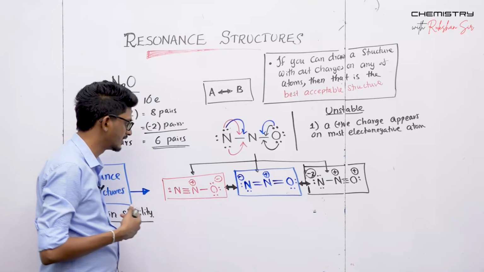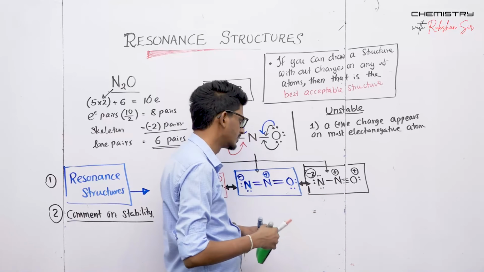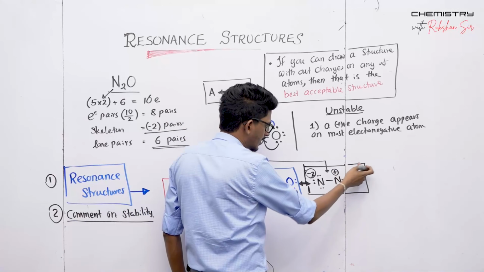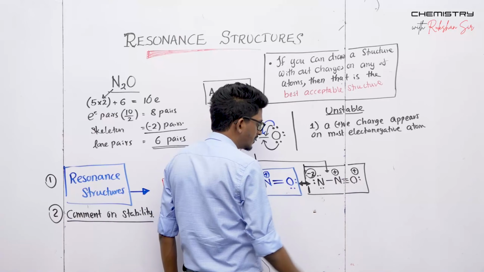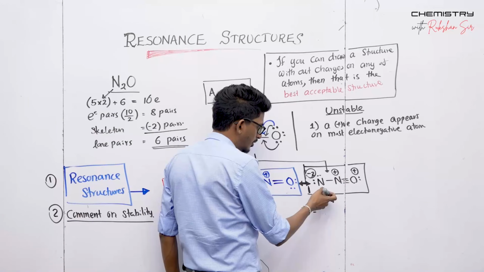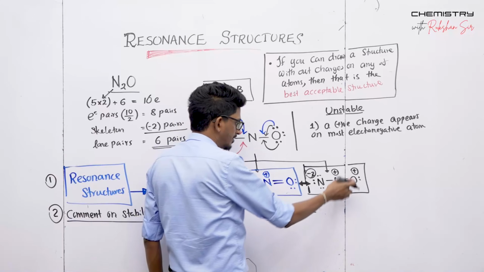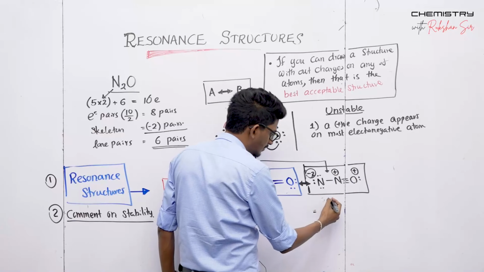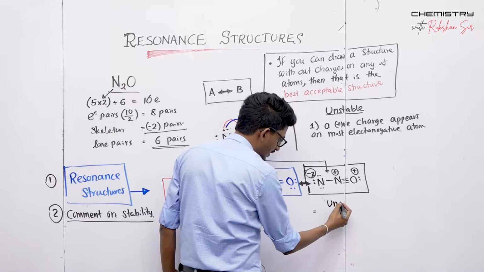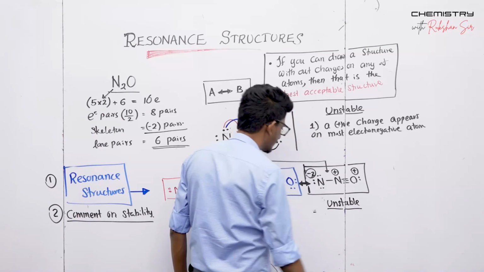So we have such structures here. See, this one is unstable, this one is unstable. The most electronegative atom of this compound is oxygen. Nitrogen has an electronegativity of 3.0, oxygen has 3.5, so oxygen is the most electronegative, but it is bearing a positive charge. So that is unstable. So you can comment this structure as unstable.